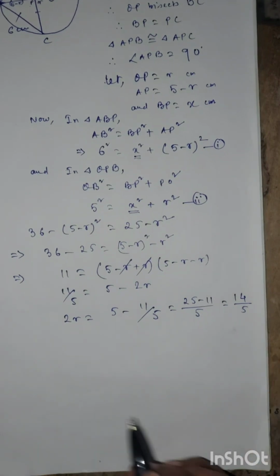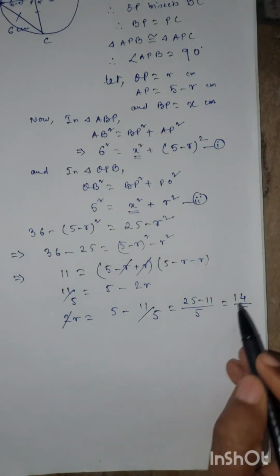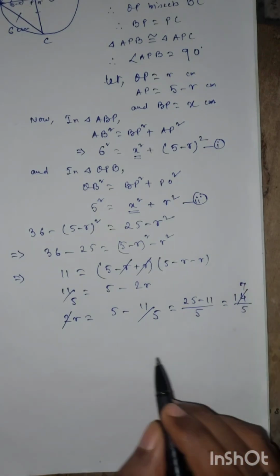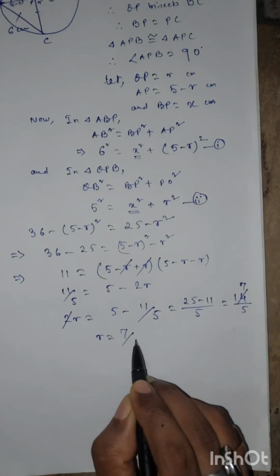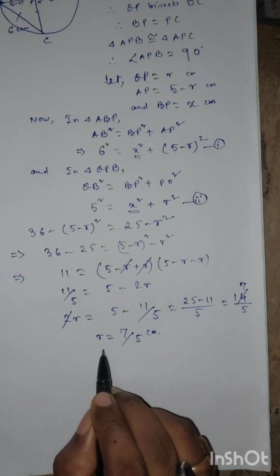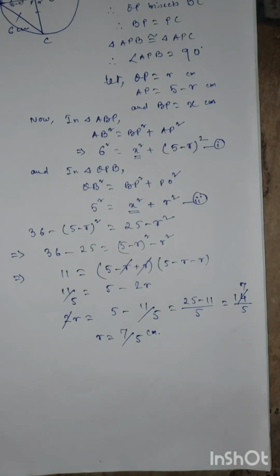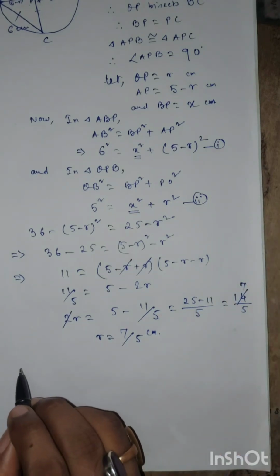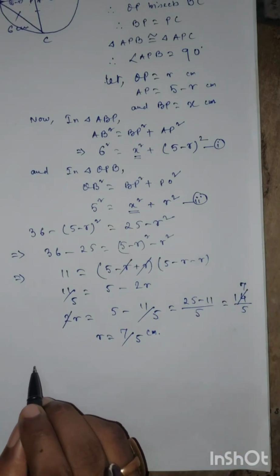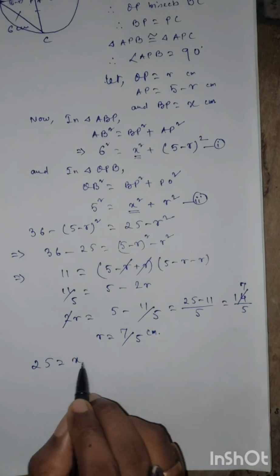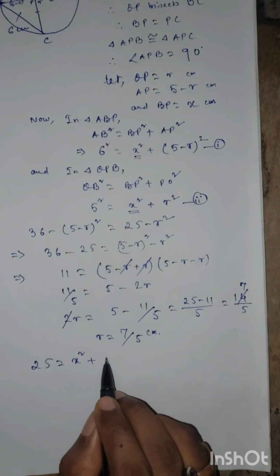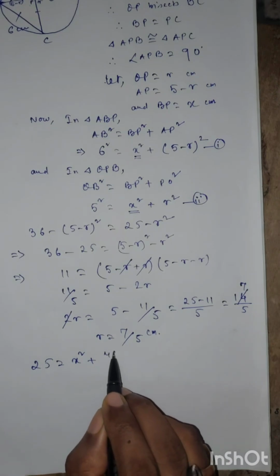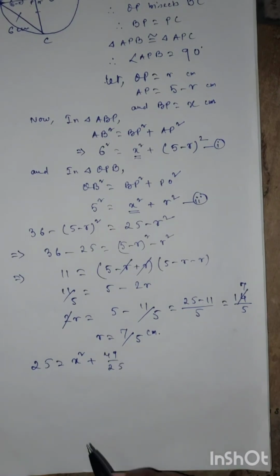(14 by 5). Now if we divide both sides by 2, we are getting 7 by 5. So r is equal to 7 by 5 centimeter. Now from equation 2, we can write 25 equal to x square plus r square, that means 49 by 25.